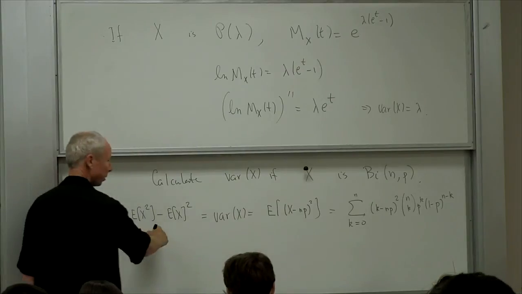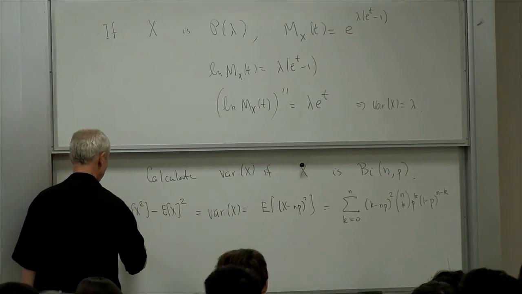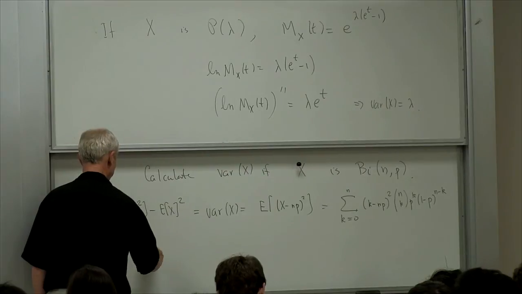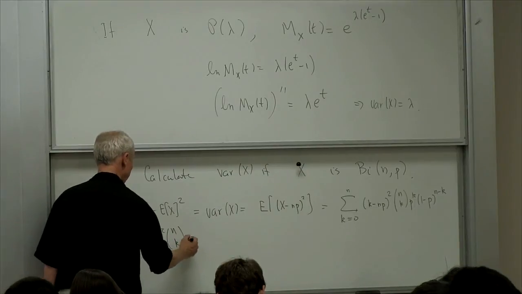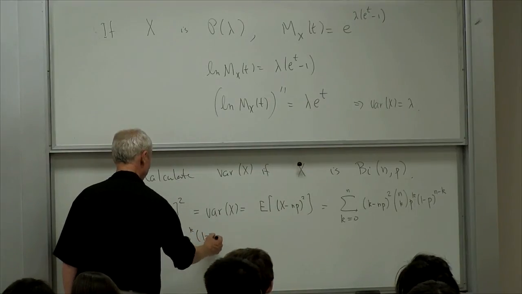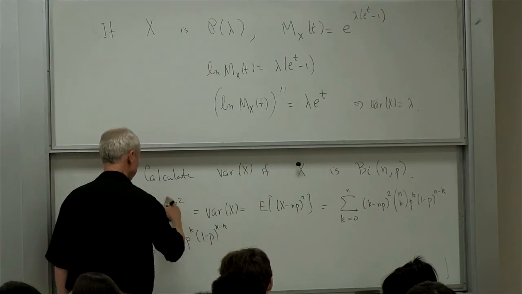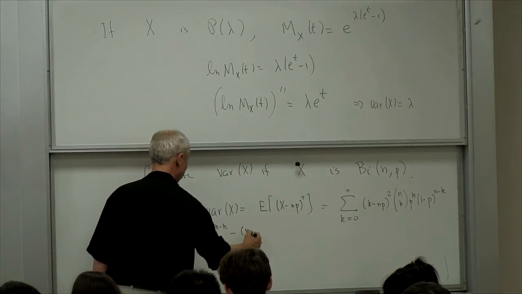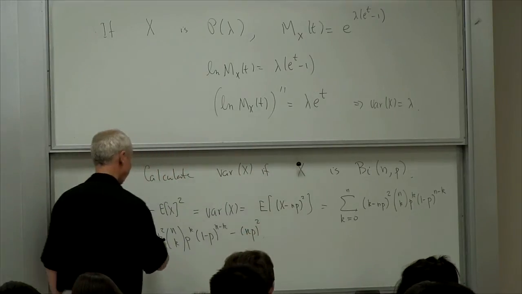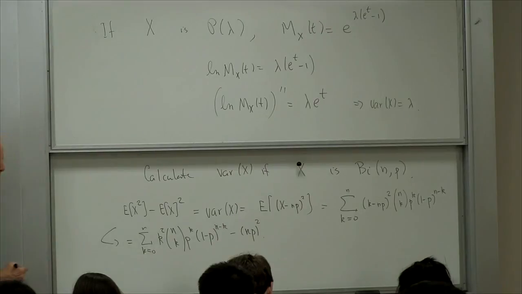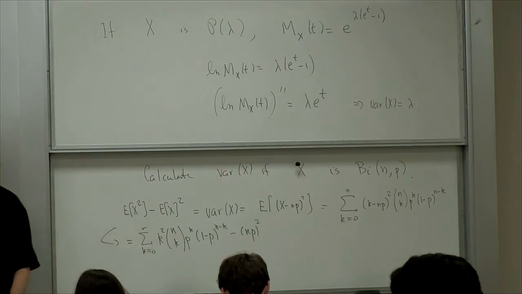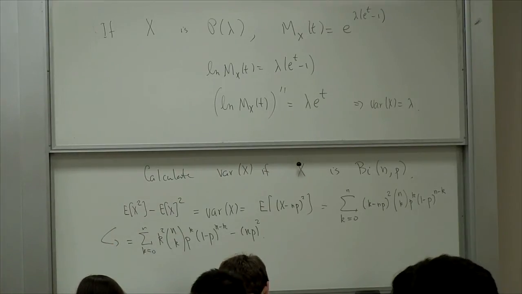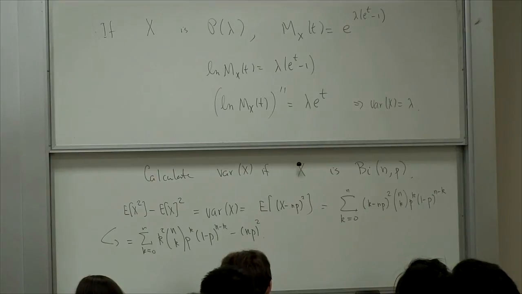The variance is also this, and that would be the sum k equals 0 to n of k squared, n choose k, p to the k, 1 minus p to the n minus k. And then we know this is np, so it'd be minus the quantity n times p squared. And then we'd have to do several manipulations involving cancellations of the k squared with the stuff that comes from the binomial coefficient and try to rearrange so that you could recognize it and put it all back together again. So that would be how you do it directly.